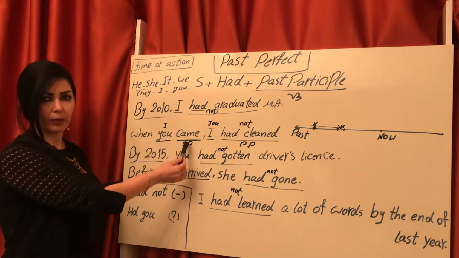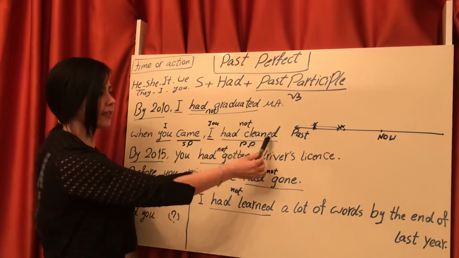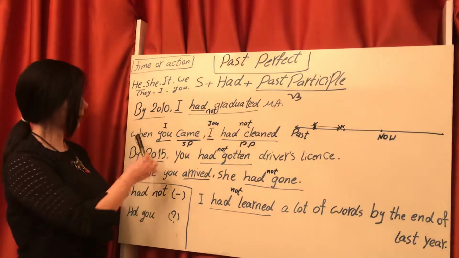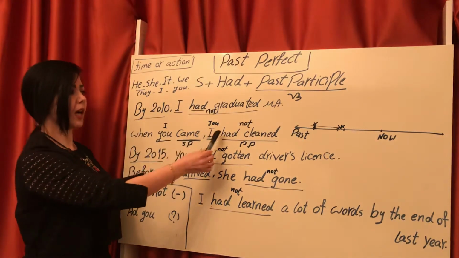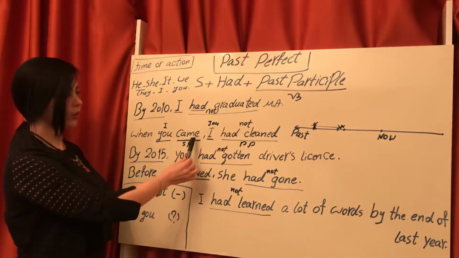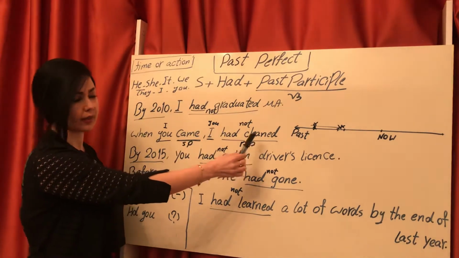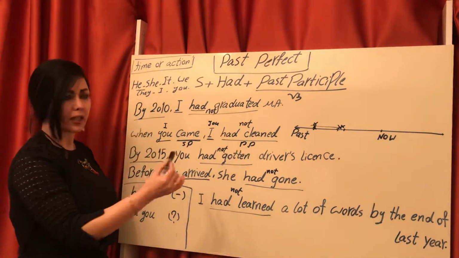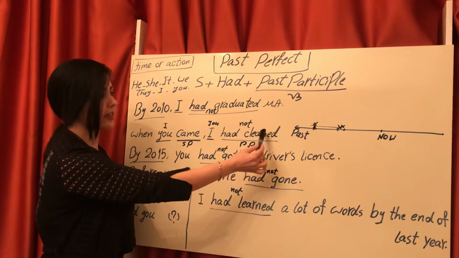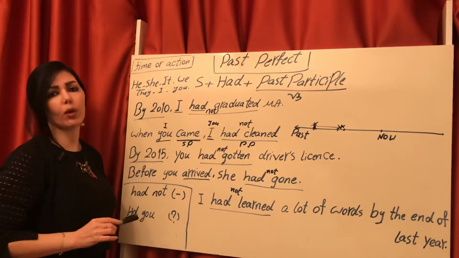When you came, I had cleaned, for example, the room or the home. When you came, I had cleaned the home. Look, we have two actions, came and cleaned. At first, I cleaned the home. After that, you came home.